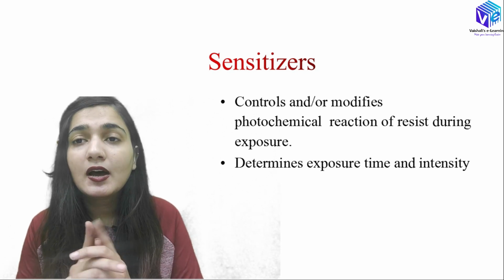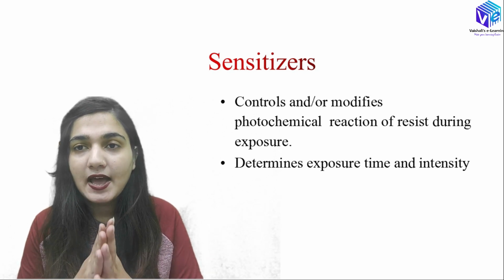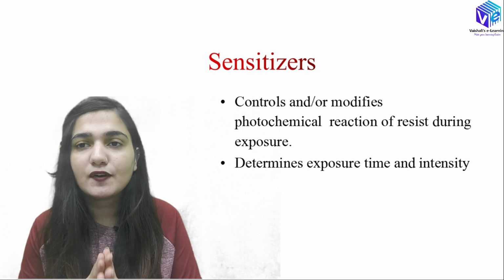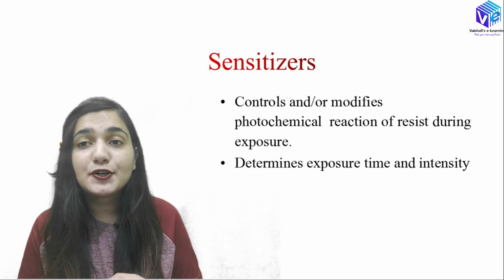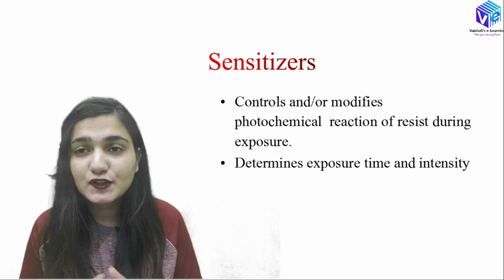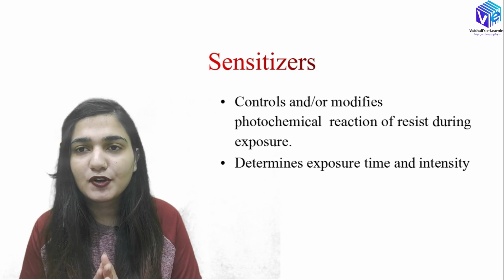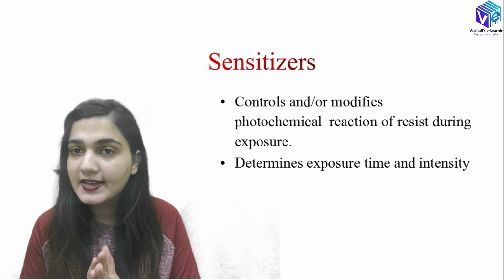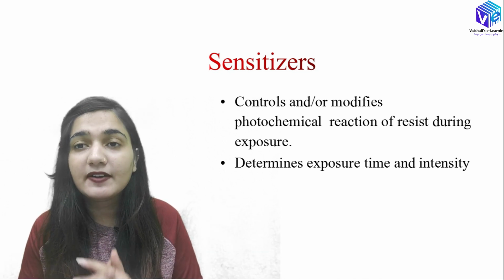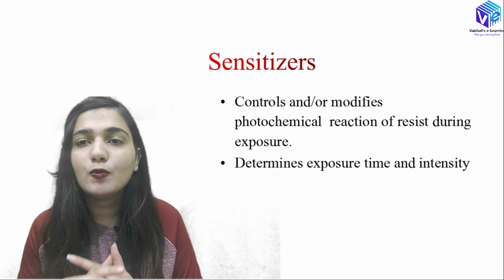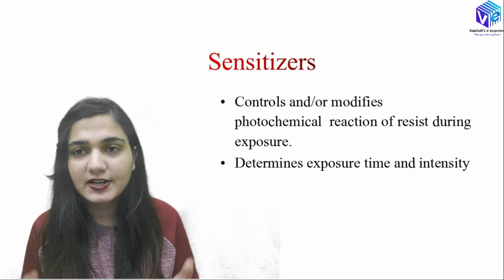We can use high quality sensitizers and we can change the properties of the photoresist on the exposure of light very quickly. As I told you, a lot of time is devoted in the photolithography process itself. If I am using sensitizers, this photolithography process will become faster, and this is how we can reduce the IC manufacturing time itself.